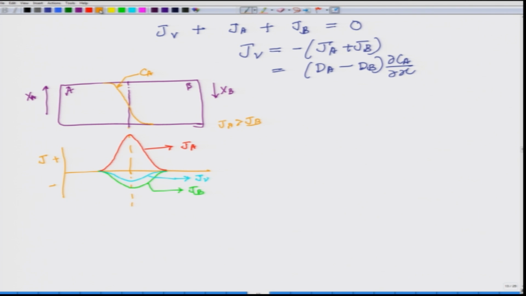Now, so far everything is good, but now let us realize how the vacancies would change with time. So, we know that del C V by del T is equal to minus del J V by del X, meaning if we take the next gradient of this concentration.